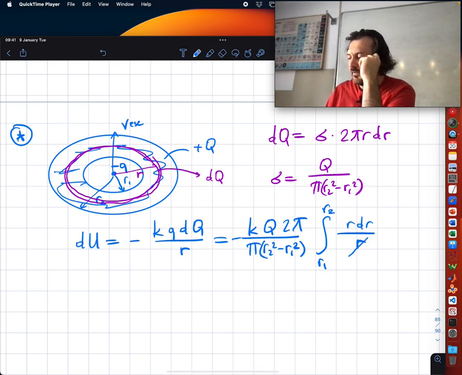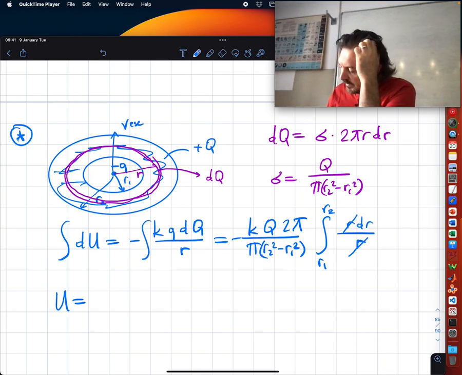So these r's cancel each other out. What do I have? r2 minus r1, right? So the whole U is basically negative 2 pi k q.